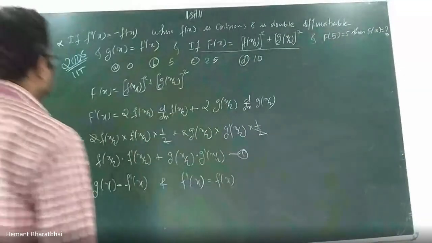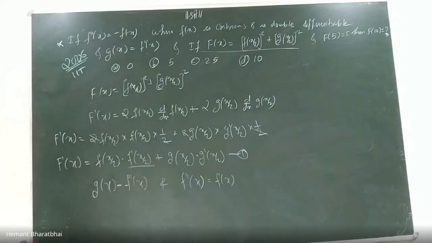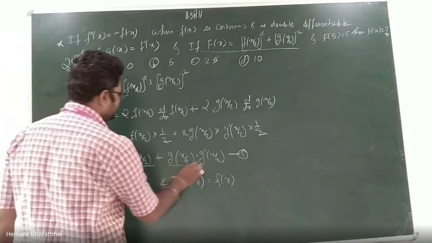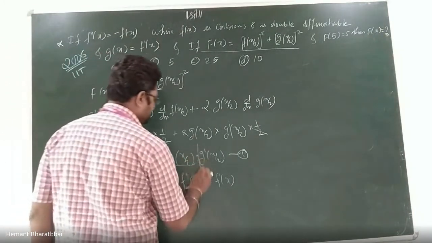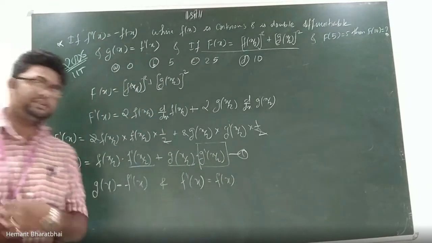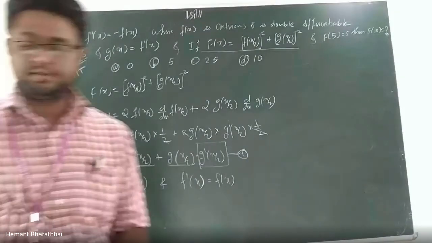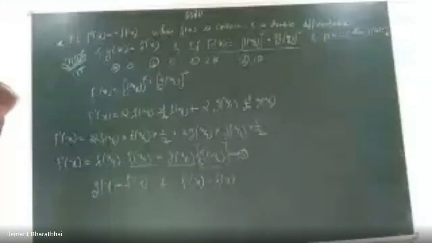Now, if we see f dash of x, I can replace this by g of x, or I can replace g of x as f dash of x. Either of the things is possible. What remains here is this. Either everything should be in terms of g or in terms of f. So I will have to find out the value of g dash of x. So let's go with this condition.